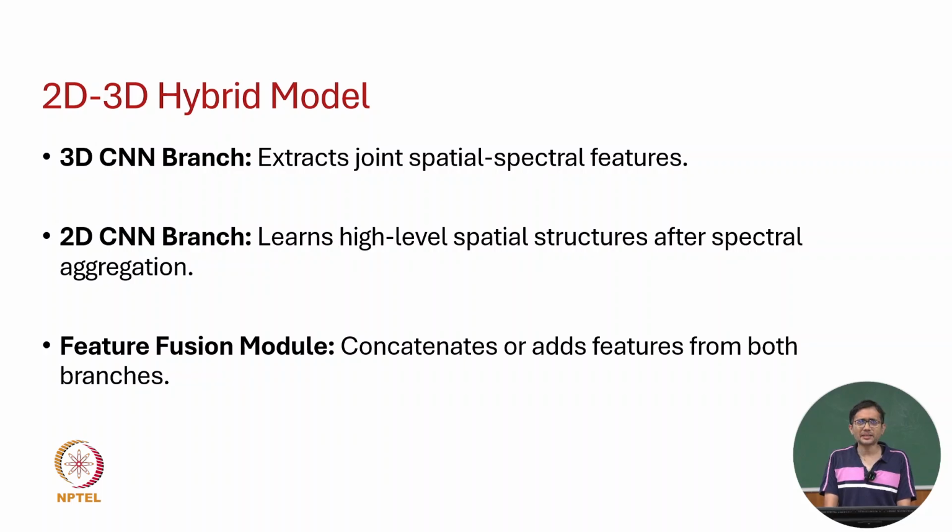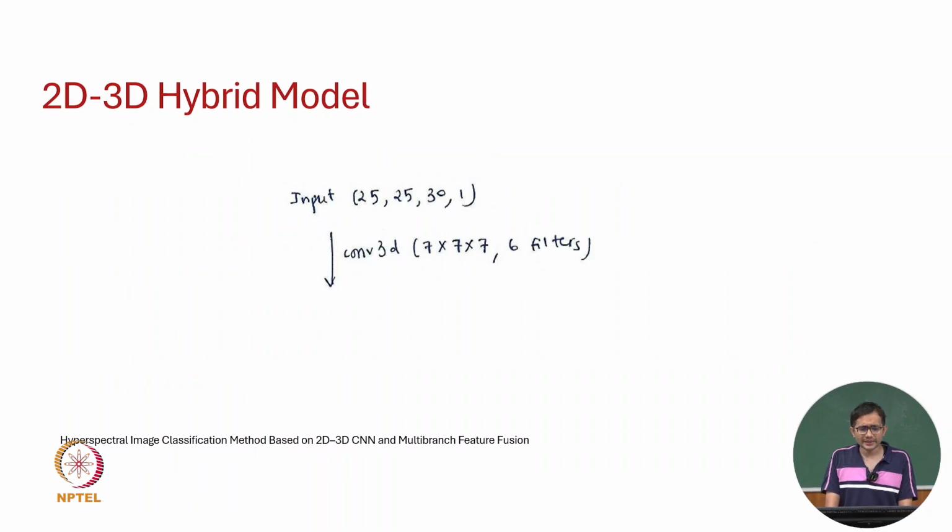So let us see a more specific example in this particular context. Let's say we have an input of 25, 25, 30. 25, 25, you would have guessed already, is the spatial dimension. 30 is, let's say, the number of input bands.